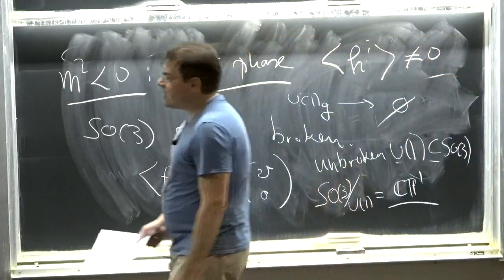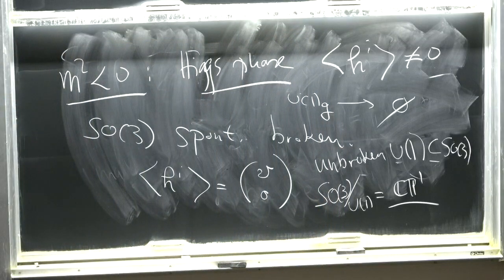And PSU(NF) also has a W2 class, which is valued in H2 with coefficients in Z_NF. So this gets upgraded to a Z_NF valued anomaly. But for the odd number of NF, can you add some local counterterm to cancel the anomaly?